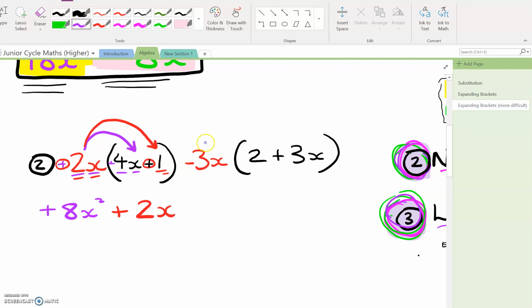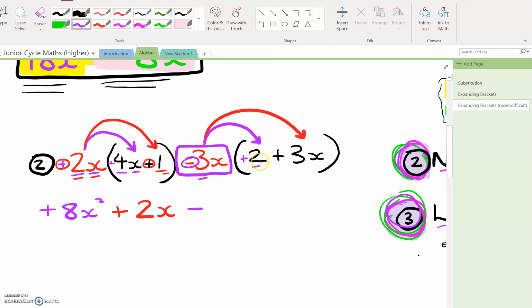Now we have to repeat. This minus 3x has to multiply by the first term and then the second term. So what's the signs? Minus by a plus is a minus. Remember to look over the previous videos if you're not sure. You'll find them in expanding brackets.